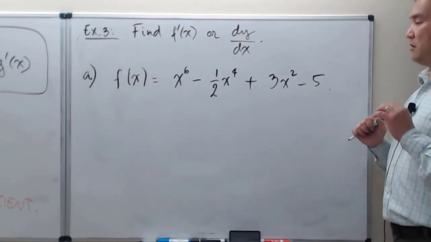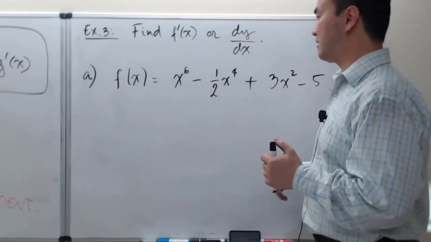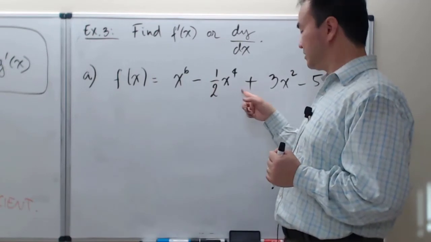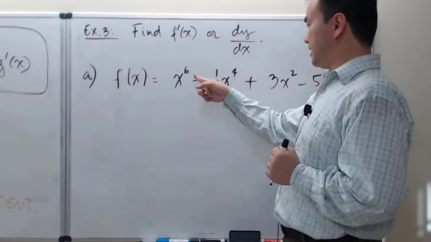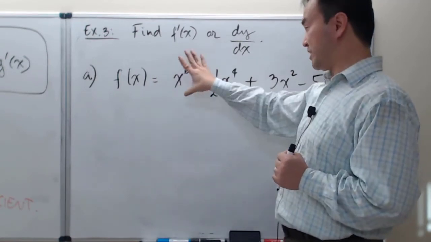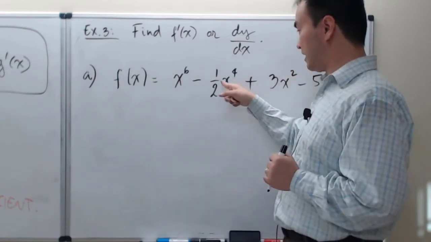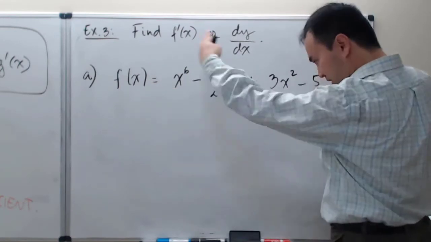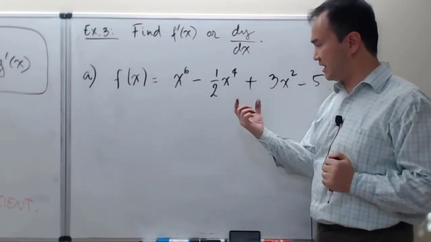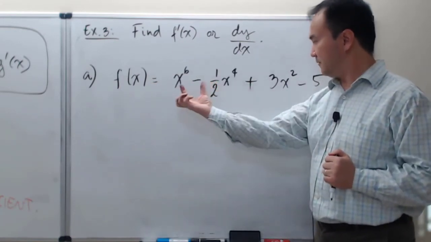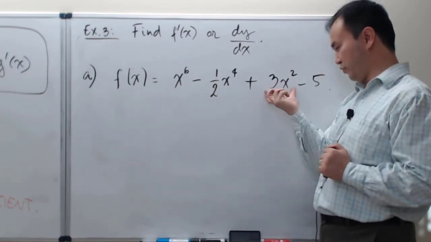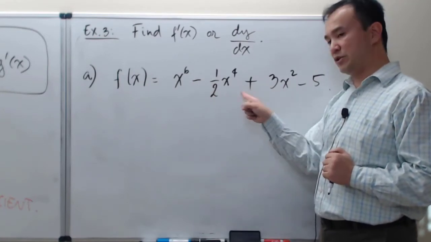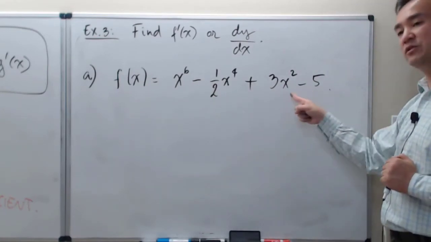It's a polynomial, and each one of these terms is a power of x, so when you take any of these derivatives, it's going to apply the power rule. But as an overall picture, the entire problem has 4 terms: 1, 2, 3, 4. There's a difference between the first two terms, a sum between the next two terms, and a difference between the last two terms.